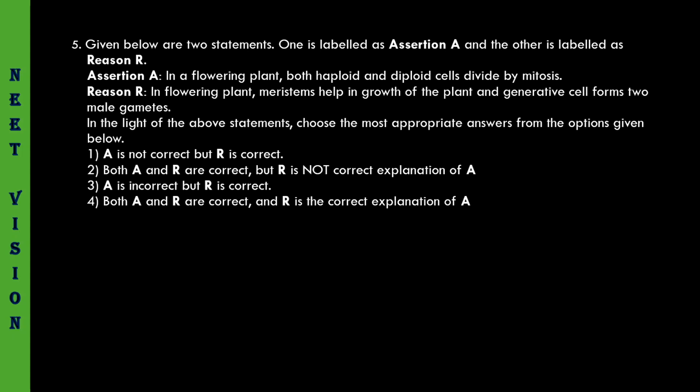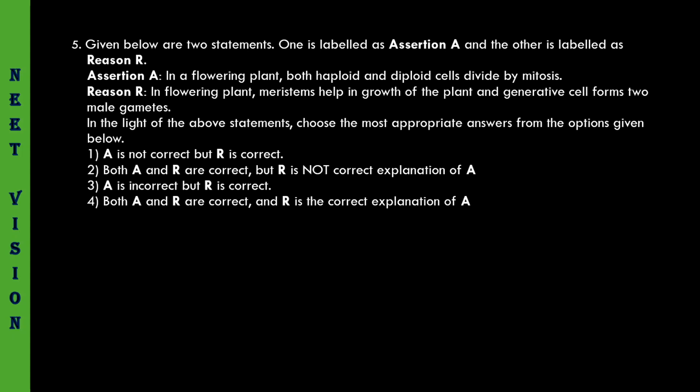In a flowering plant, meristem helps in the growth of the plant. Absolutely true. That is, the meristem helps in the growth of the plant by showing mitotic divisions. And generative cell of the male gametophyte at two-celled stage forms two male gametes. So this is also true. So both assertion and reason are correct.